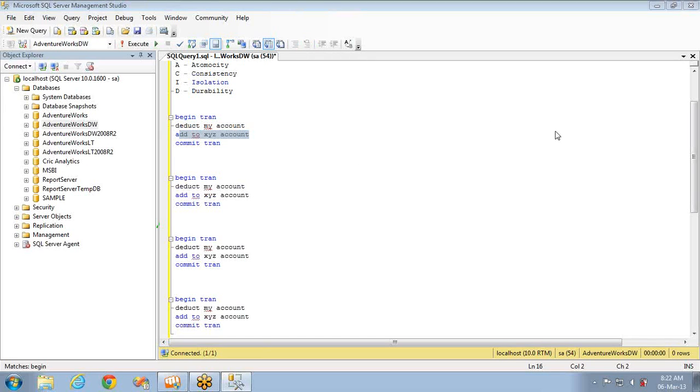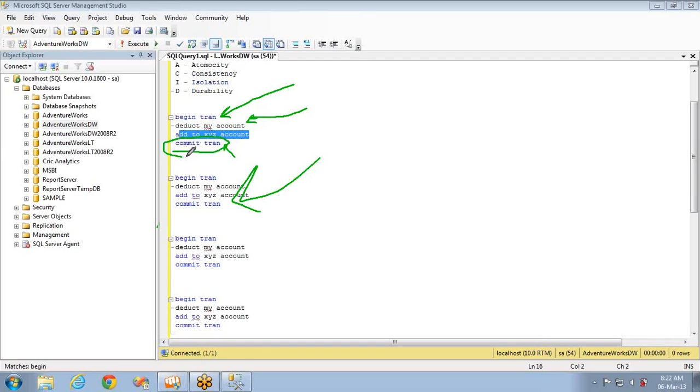For example, if this guy has some amount at the start of this transaction, and the transaction is still going on in the middle, this guy cannot see the changes that are applied to this transaction using queries, let's say the first query. These changes will not be visible until it commits the transaction.